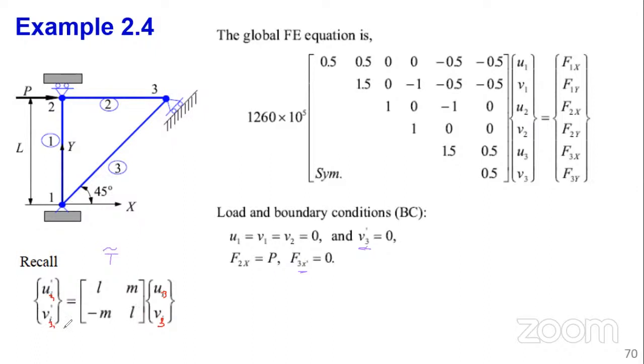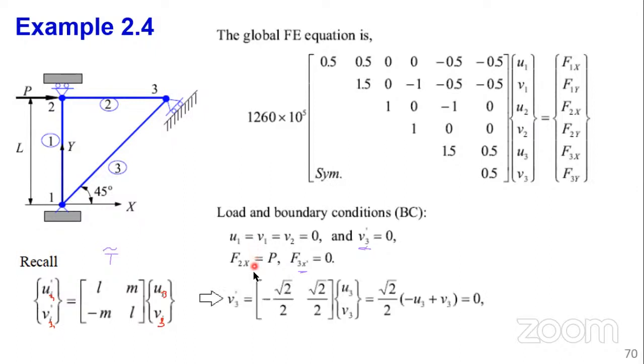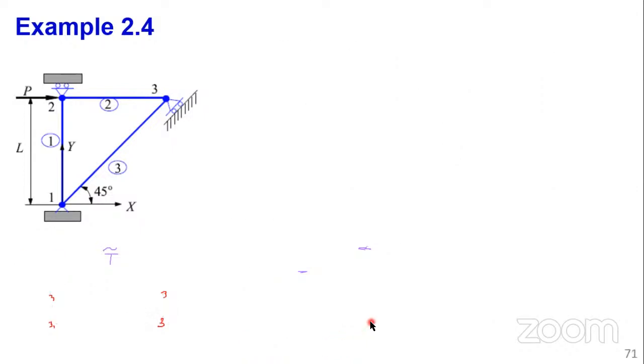And therefore, we can use the second equation, which reads V prime 3 is equal to minus m l times U3 V3. Or in simple terms, which we can simplify further to have U3 minus V3 is equal to 0, or U3 is equal to V3. You see, we have gotten a known condition: U3 is equal to V3.